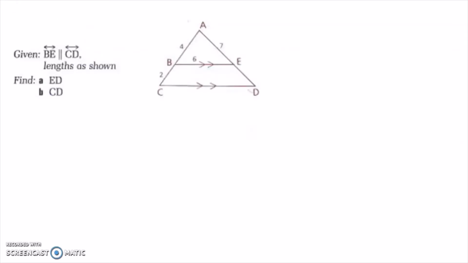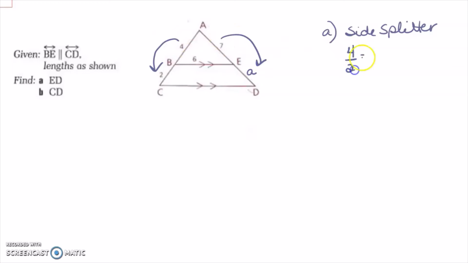On this example, we are asked to find the length first of ED. So here I can use the side splitter to say that 4 is to 2, the same way 7 is to A. And you could flip that around if you wanted.